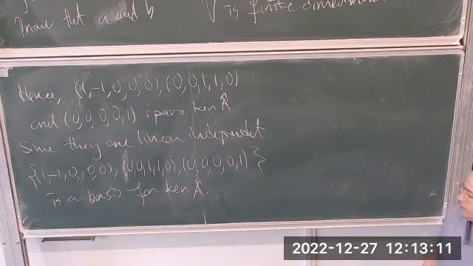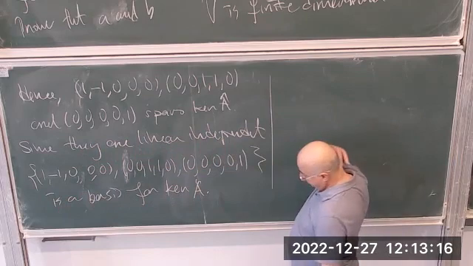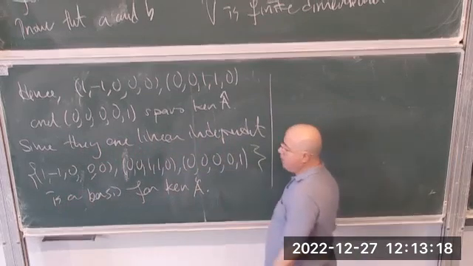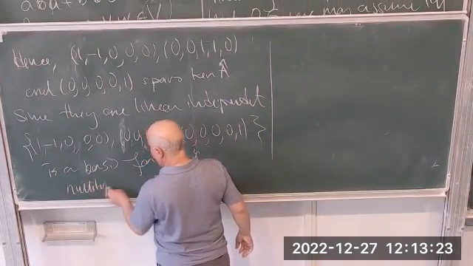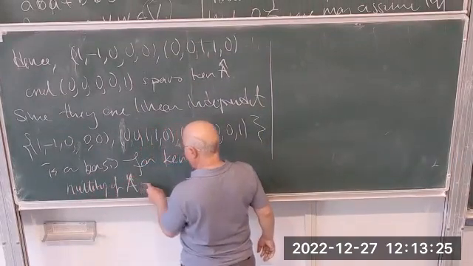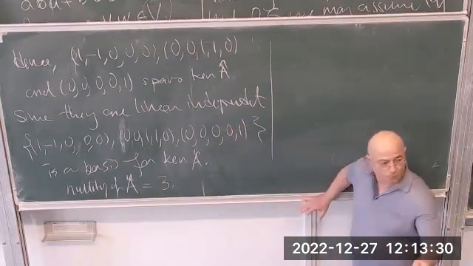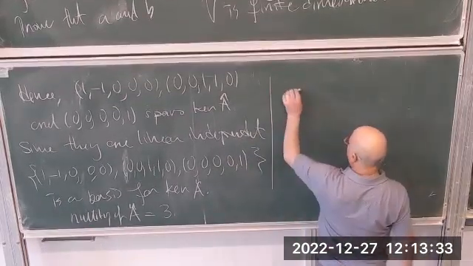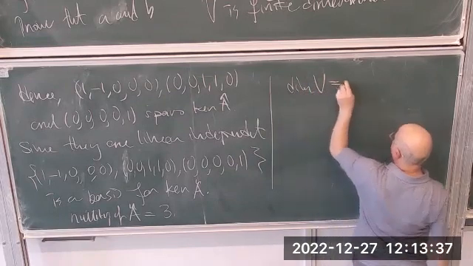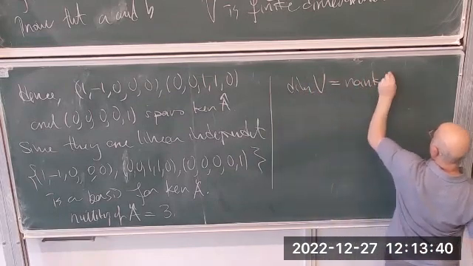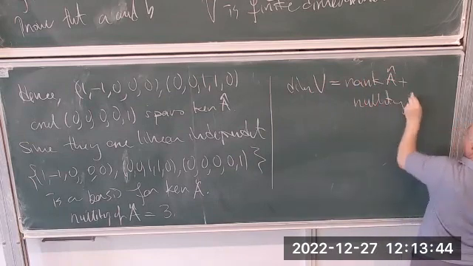Tamam mı? Peki, so we found a basis for the kernel. In particular, what is the nullity of A hat? 3, right? So from this we can do the following. Dimension of V, which is the rank of A hat plus the nullity of A hat.